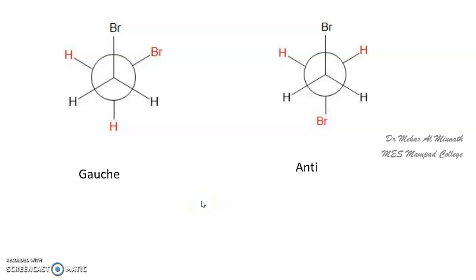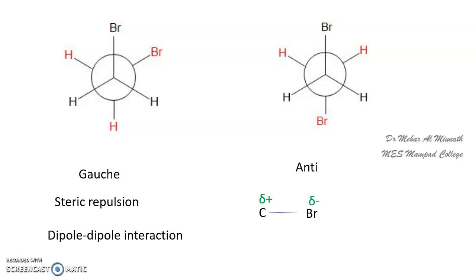While in gauche conformation, one destabilizing factor is the van der Waals repulsion between the two bulky groups. So steric repulsion is experienced, and then the C-Br bond which is present will be slightly polarized, as I've been telling you. The carbon will be having a partial positive charge and bromine will be having a partial negative charge, because of which the dipole-dipole interaction arises.